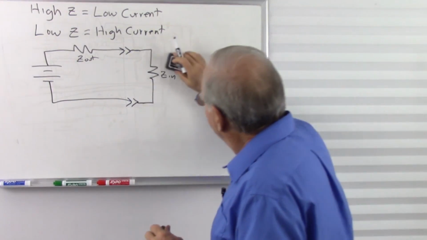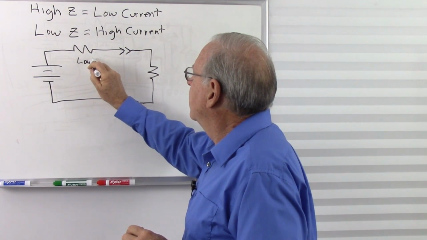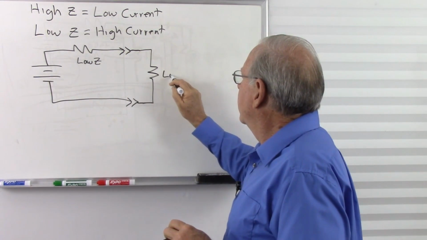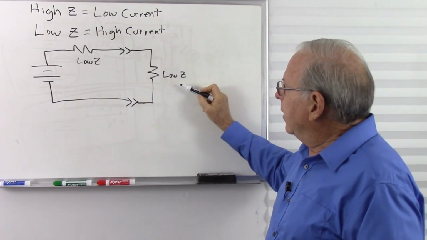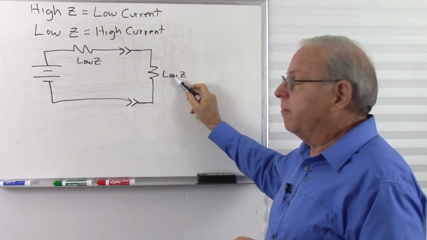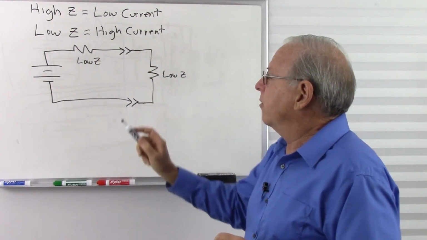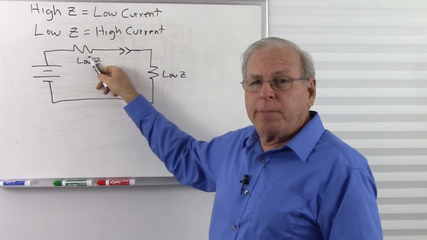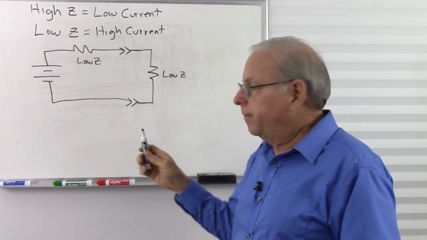So let's draw that this way. Low impedance, low impedance. What's that saying? The load is saying, or the input impedance is saying, I'm a low impedance, I need a lot of current. Low impedance, high current. This is saying I'm a low impedance too. I can give you a lot of current. So they work well together.